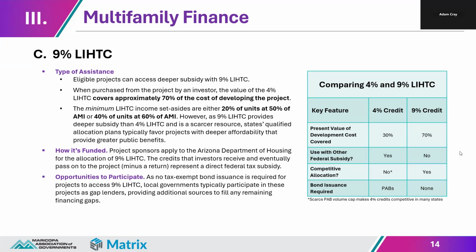There's an application to the Department of Housing for 9% allocations as well. The difference here is that you don't need private activity bonds to access 9% LIHTC. So, the opportunity for local government interaction here often is in the form of something we're going to talk about in a second, gap loans and grants.